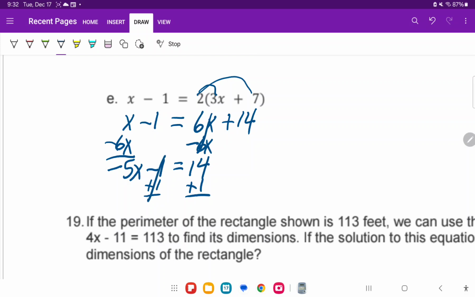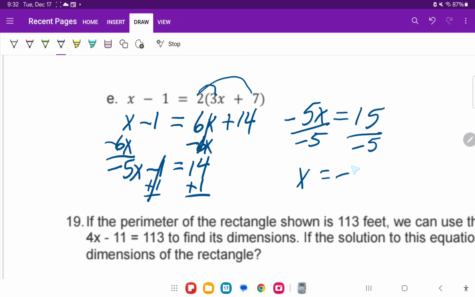So on this side that cancels out. So I'm going to come up here. So we'll have negative 5x equals, and 14 plus 1 is 15. All right, so now we divide by that coefficient, by the variable. And so x will equal negative 3.